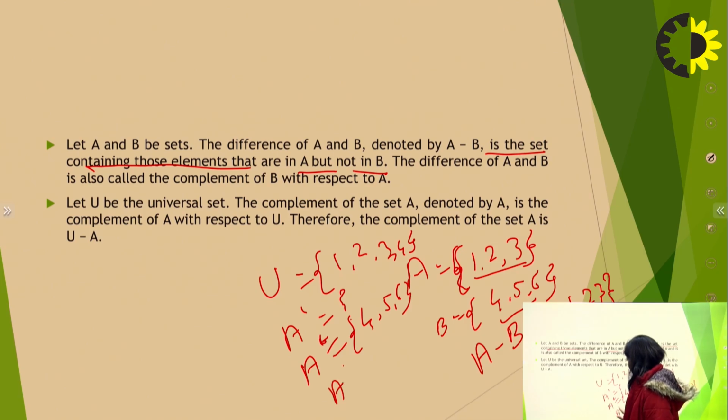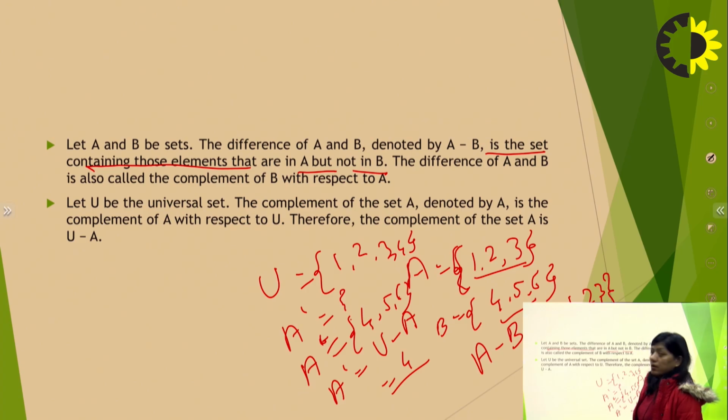So A complement is equal to U minus A. A-bar is the complement of set A.